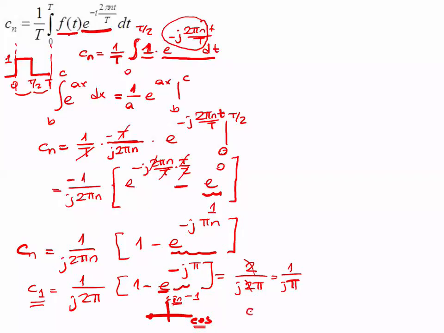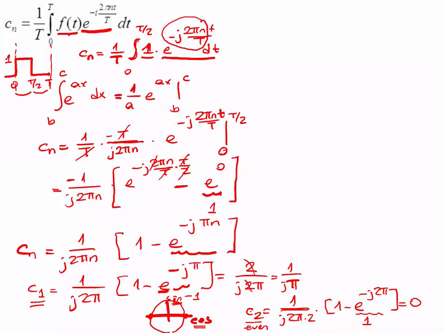How about C2? We will say 1 over j 2 pi times 1 minus e to the power minus j 2 pi. What is e to the power minus 2 j pi? It is here, okay? 2 pi. It's going one cycle like that, and it is 1. So 1 minus 1 is going to be equal to 0. So for all even integers n, Cn will be 0.